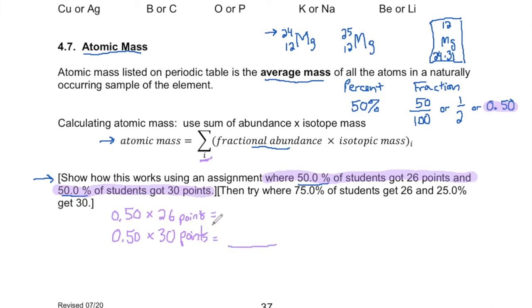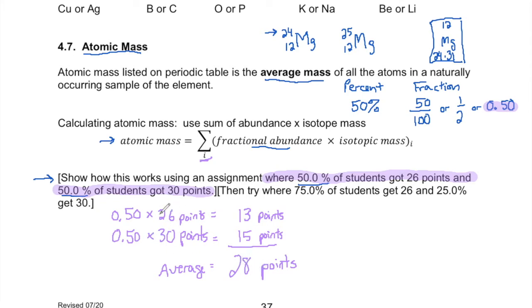So that's why I'm doing it up and down like this. 50% of 26 is 13 points. 0.5 times 30 is 15 points. So we get our average score of 28 points, which we pretty much predicted, since half and half got 26 and 30, the average is going to be halfway in between. So here we have it, 28.